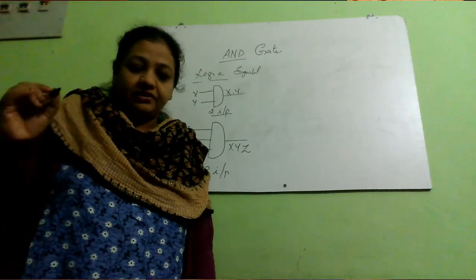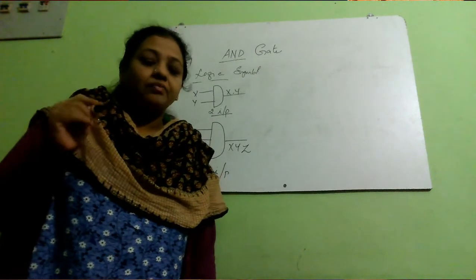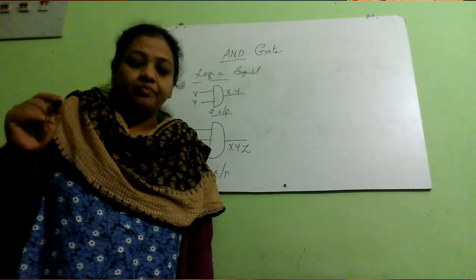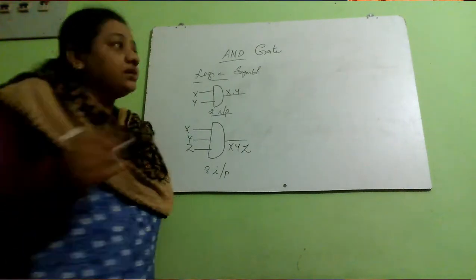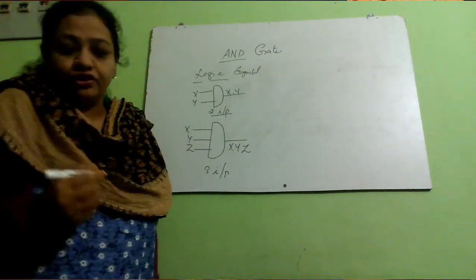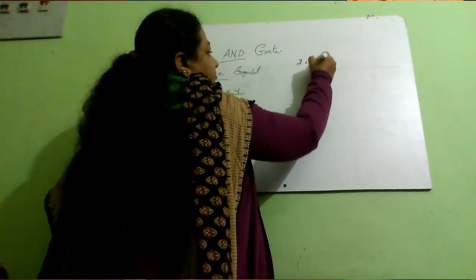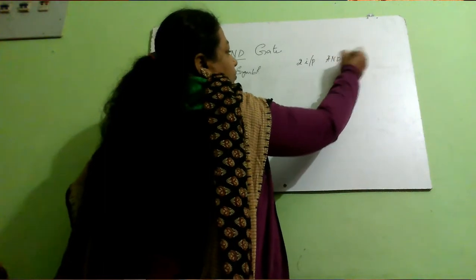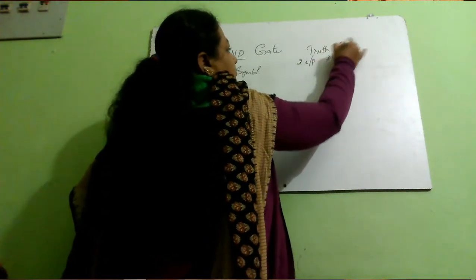If an AND gate has three inputs, for example x, y and z, the output of the AND gate would be xyz.